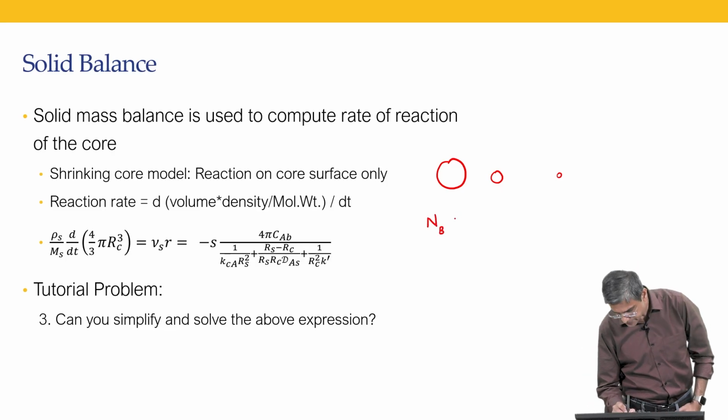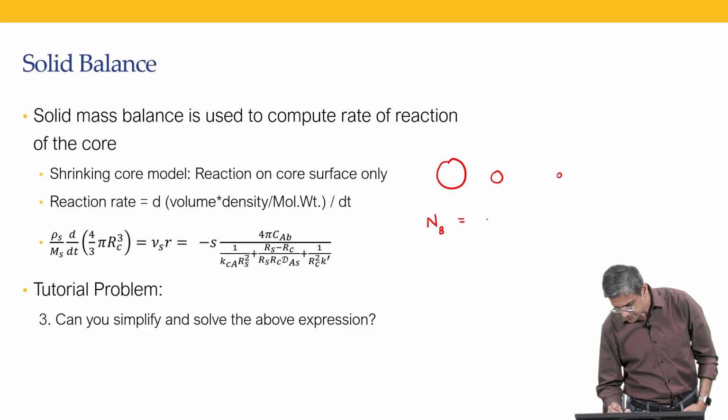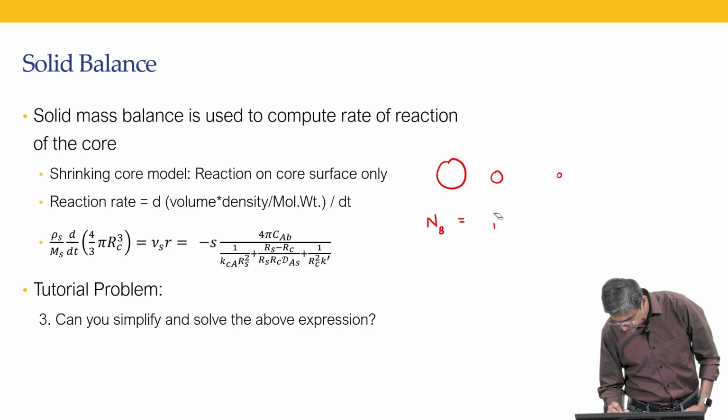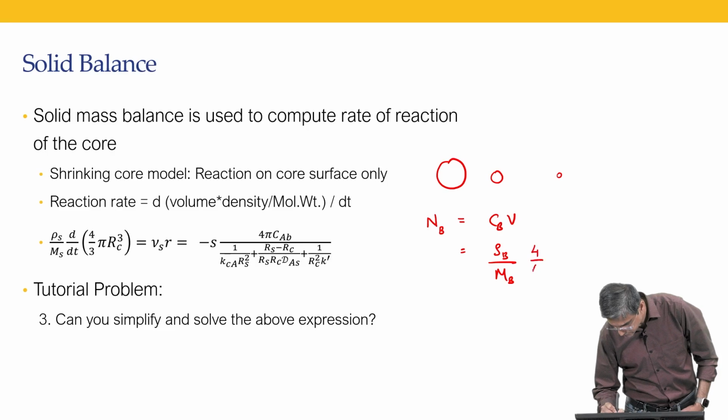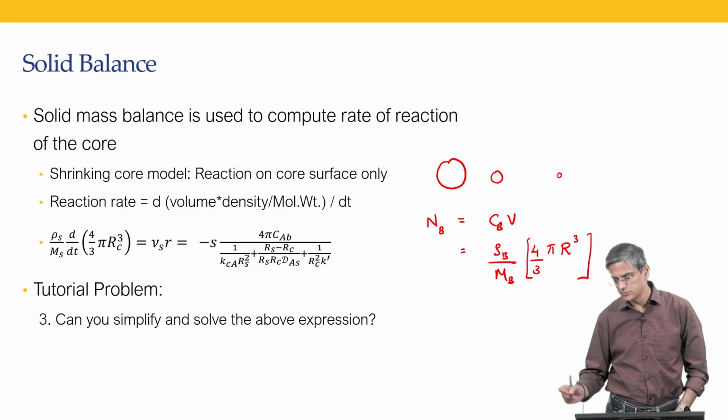NB is nothing but concentration of B multiplied by volume, which is nothing but rho B divided by MB multiplied by 4/3 pi r cubed.